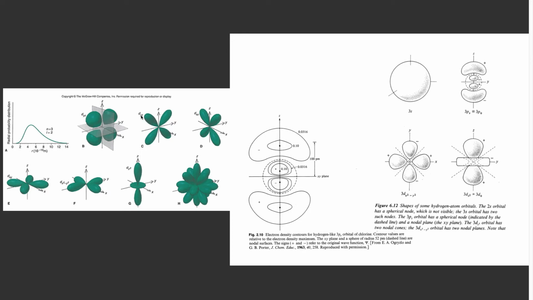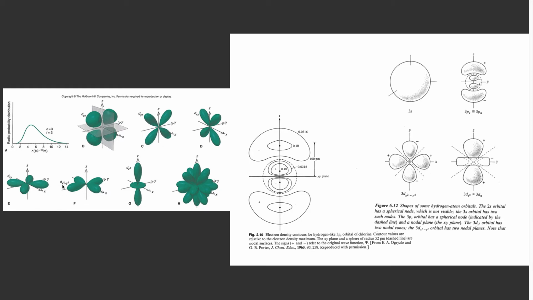So dyz has those nodes on those two planes that are shown here. dxz then has the xy plane and the yz plane as its nodes, and dxy has the xz and the yz plane, right? Everything that doesn't include the xy plane. So this one lies in the xy plane, this one lies in the xz plane, this one lies in the yz plane. Dx squared minus y squared also lies in the xy plane, but on axis instead of off axis.